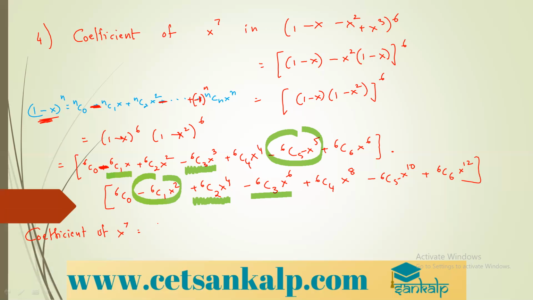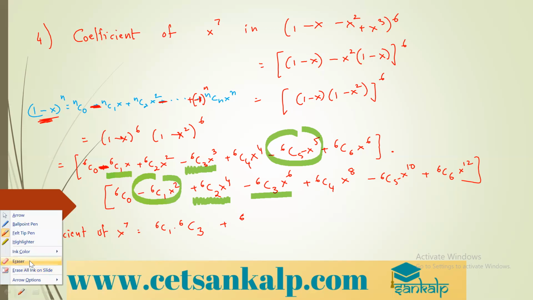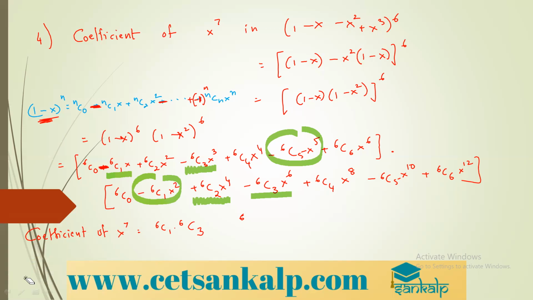And that will be 6C1 into 6C3 plus... 6C3, this will become minus on multiplying the next term, so that will be minus 6C3.